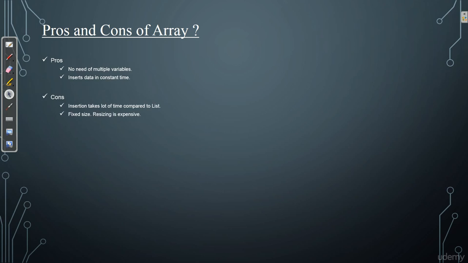The next big disadvantage of using an array is that it is of fixed size. What that means is that we always need to declare the size of an array when we are creating it, and it cannot be increased or decreased when we need it. With this slide, we conclude the basics of array.